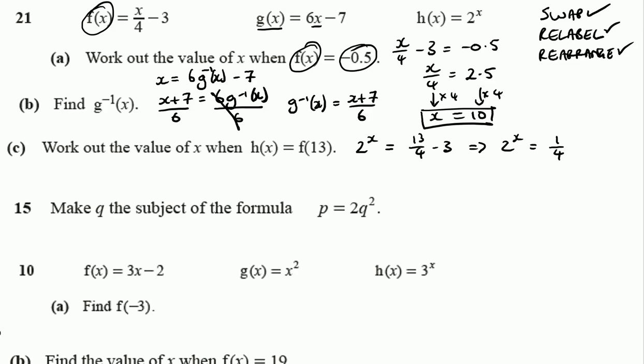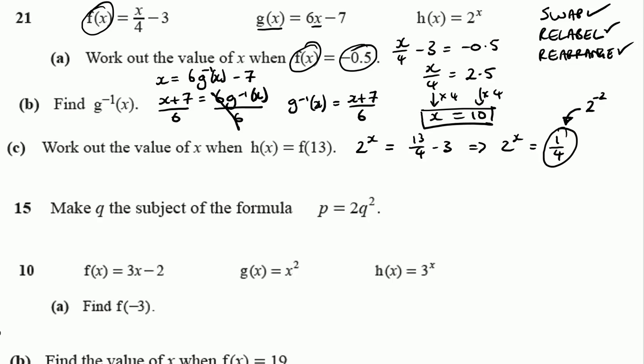Now we have to think about our laws of indices. If I want to solve an equation using laws of indices, everything has to have the same base number. 2 to the power of x, I would really like it if that equaled 2 to the power of something. So looking at the quarter, that is 2 to the power of minus 2. 2 squared is 4, and making the power negative puts that 4 underneath a fraction, 1 over 4.